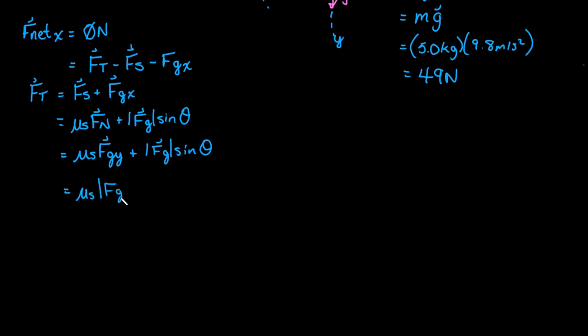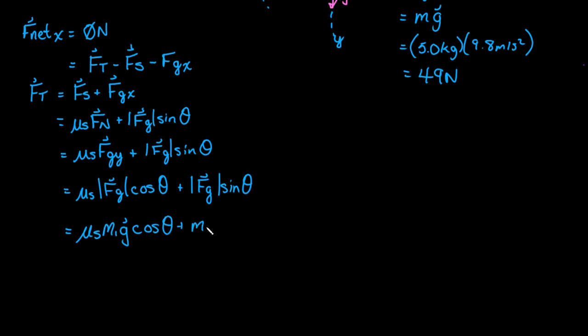The y direction is going to be gravity times cos theta, and we still have that x component of gravity times sine theta. Now make your substitution for what gravity is. Gravity is mass 1, because that's the mass we're looking at here, times gravity times cos theta, plus again mass 1 times gravity times sine theta.